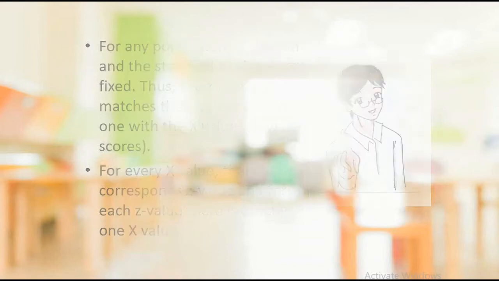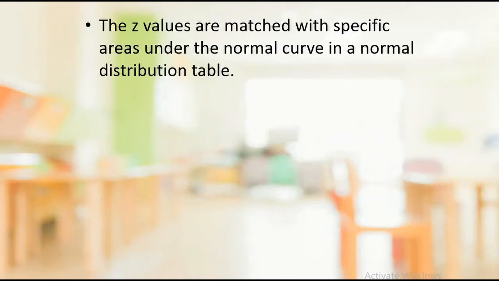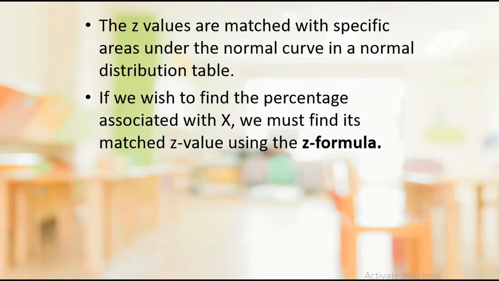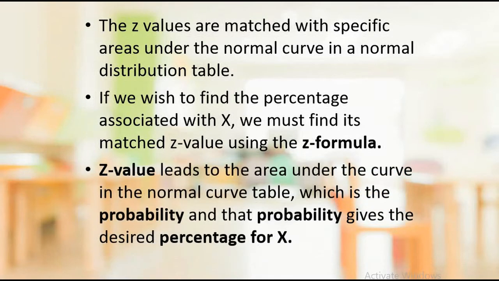The z values are matched with specific areas under the normal curve in a normal distribution table. If we wish to find the percentage associated with x, we must find its matched z value using the z formula. The z value leads to the area under the curve in the normal curve table, which is the probability, and that probability gives the desired percentage for x.